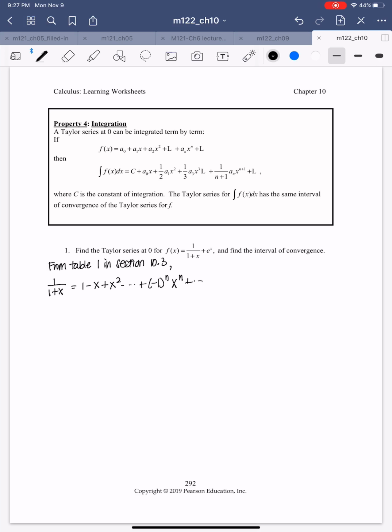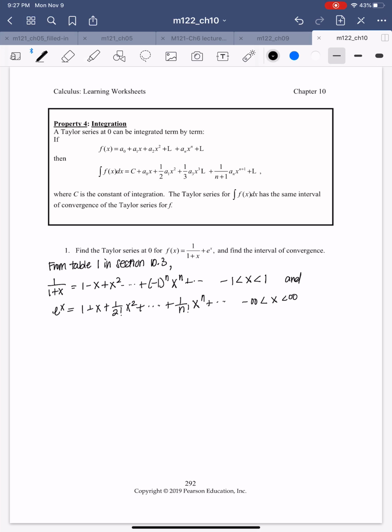And then the interval of convergence is between negative 1 and 1. And we are also given the e to the x function, which is 1 plus x plus 1 over 2 factorial x squared, and so on, plus 1 over n factorial x to the n. The interval of convergence is all real numbers.